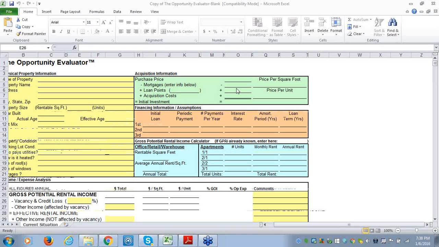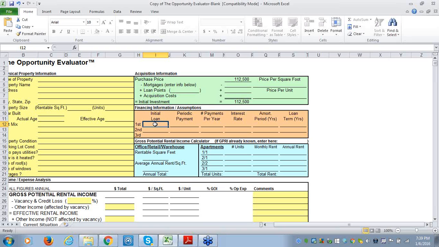So let's do this. Let's start off with, do you have the purchase price of your property? I do. Purchase price $112,500. Okay. What's the initial loan amount? 112,500.